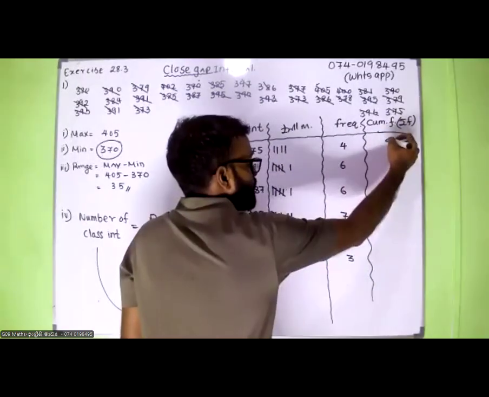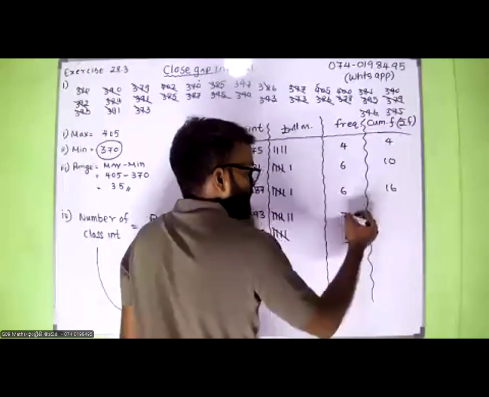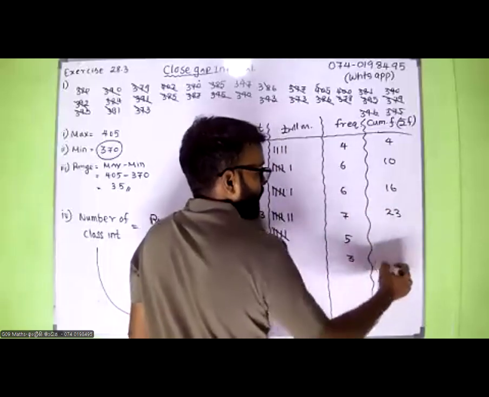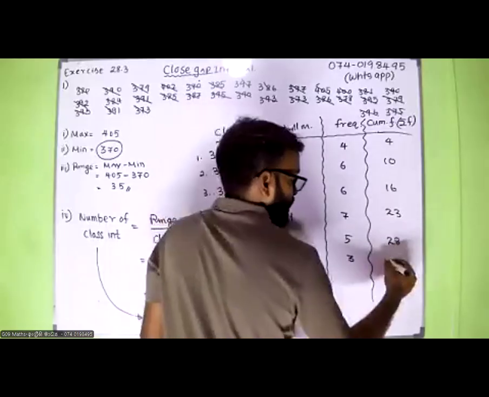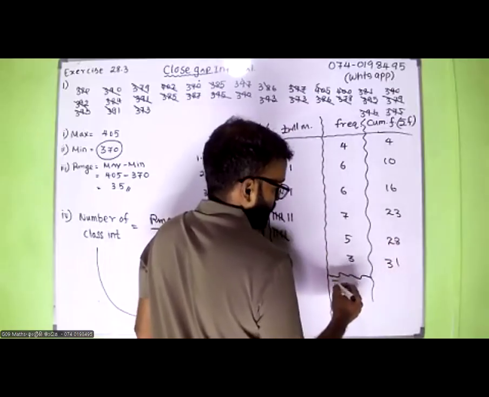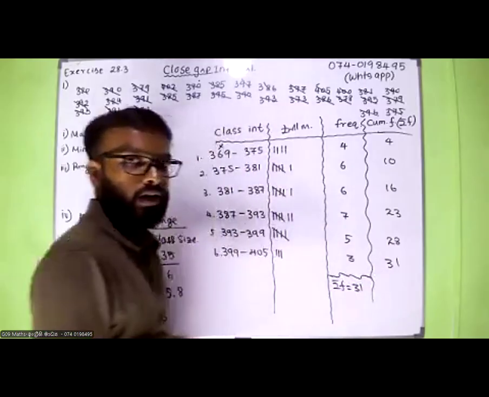This is 4. 4 plus 6, 10. 10 plus 6, 16. 16 plus 7, 23. 23 plus 5, 28. 28 plus 3, 31. Right? So my sigma f is 31. That is the number of data.